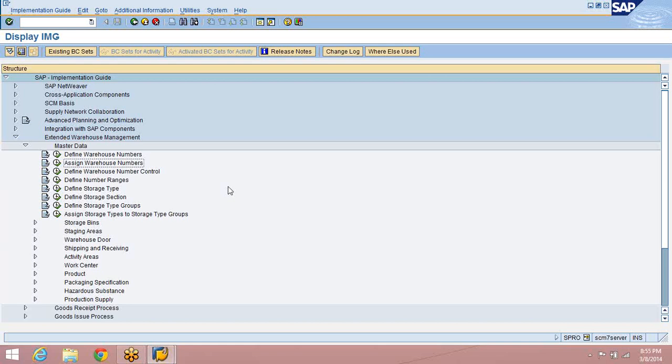And if you have a more developed warehouse where you have different bin sizes, then you get into the level of bin types. So you specify the bin types, and these bin types are then mapped to your various HU types. One of the big differences between WM and EWM is that the concept of storage unit management has been taken out. So there is only HU type in EWM.